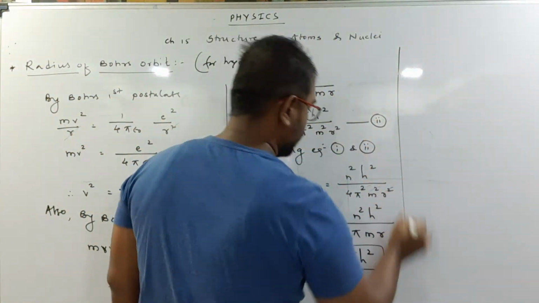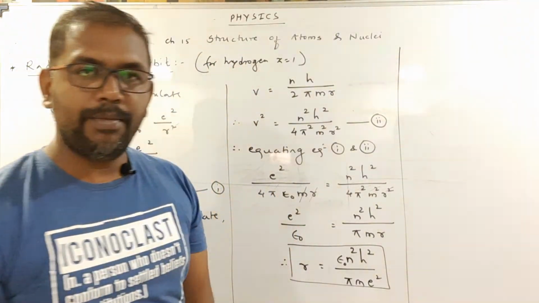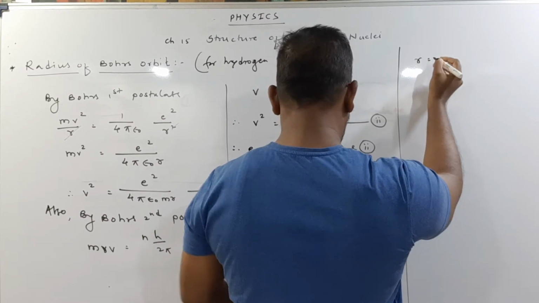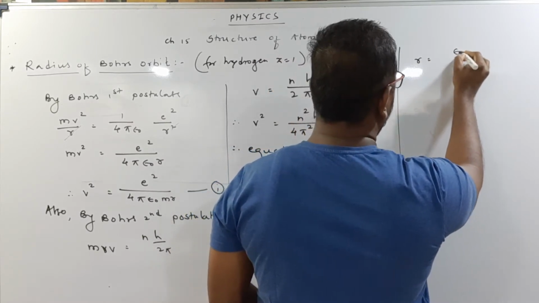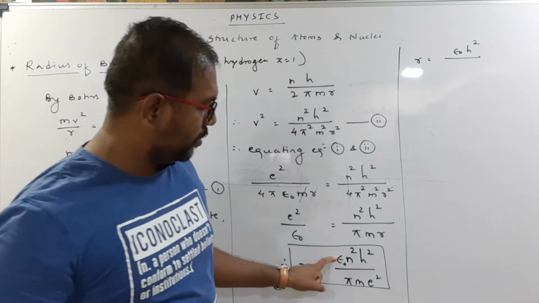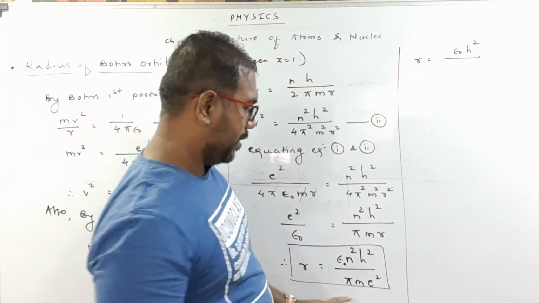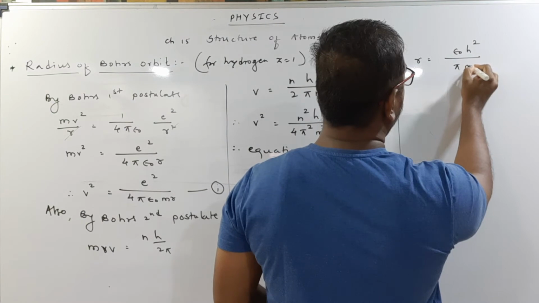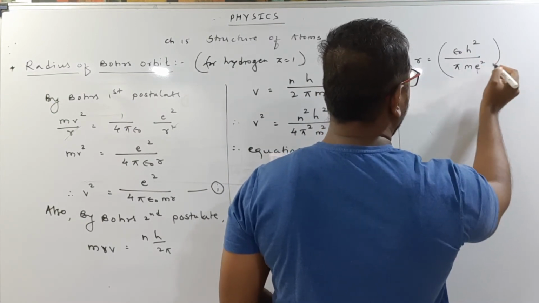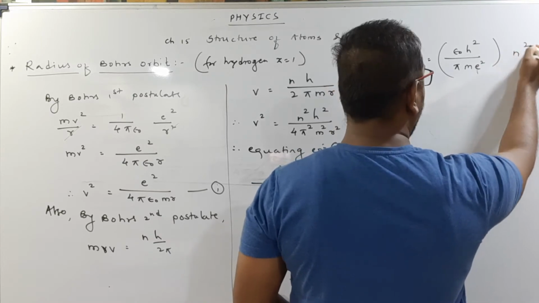Now here in this formula we can write r is equal to epsilon 0 h square divided by pi m e square into this n square.